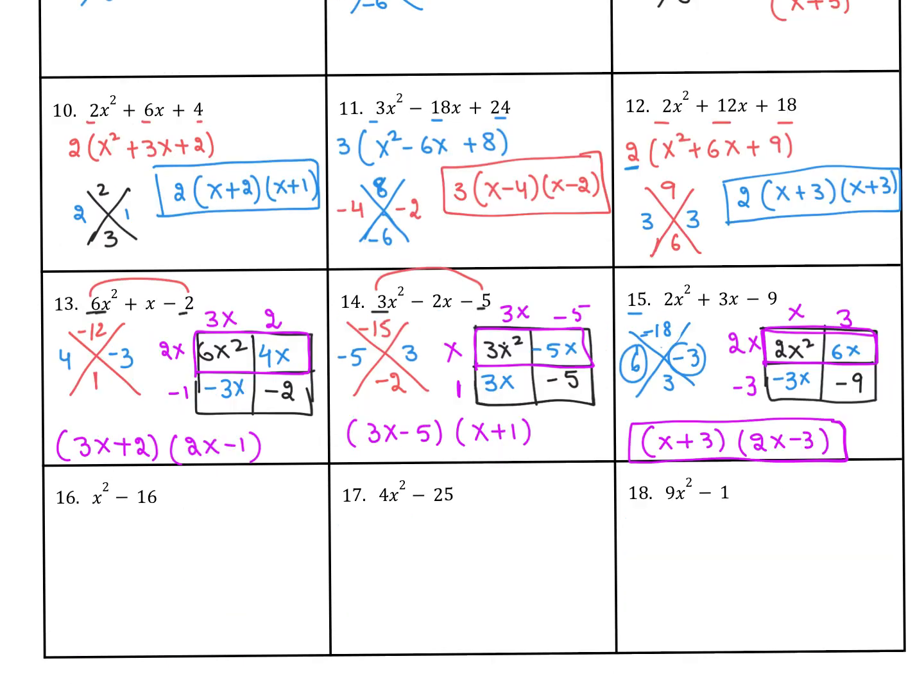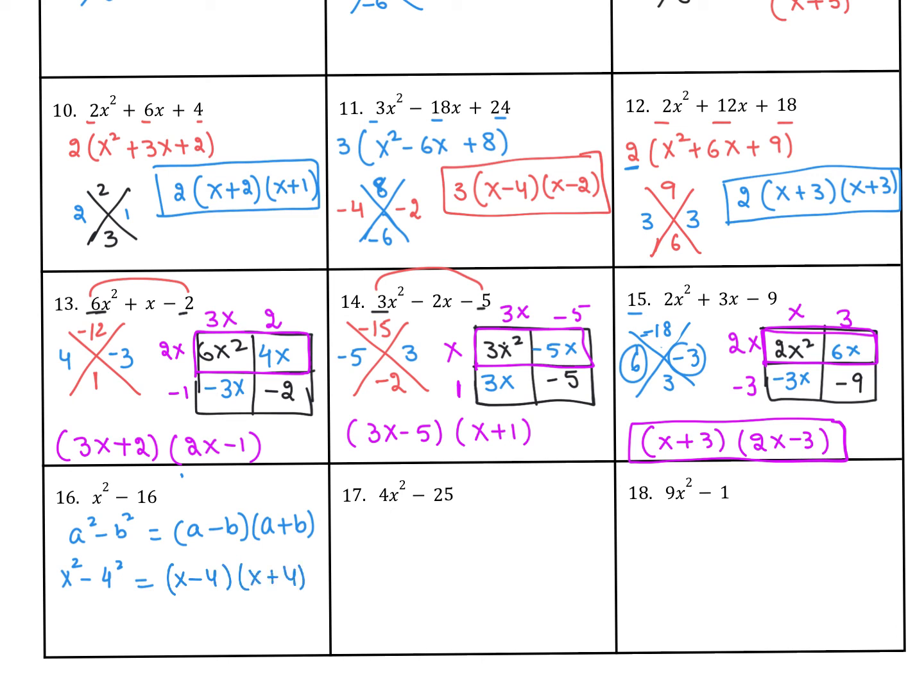For number 16, this is the type of formula you're going to use, where you have a squared minus b squared, and that is a minus b times a plus b. For this question, you have x squared minus 16. So you can write 16 as 4 squared, x squared minus 4 squared, which equals x minus 4 times x plus 4.